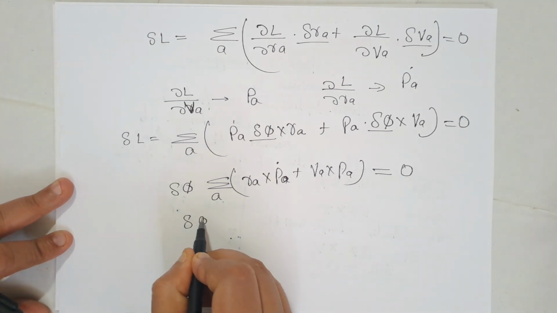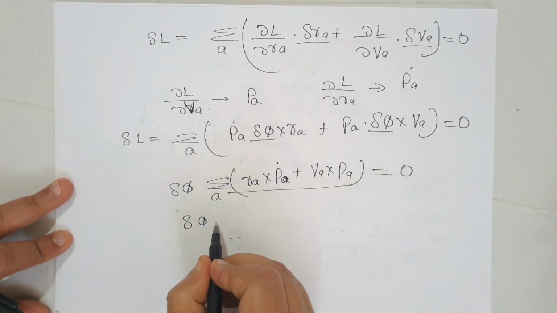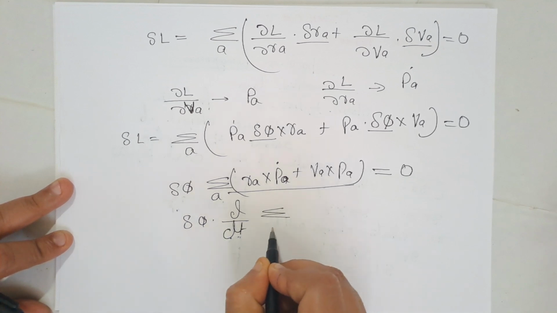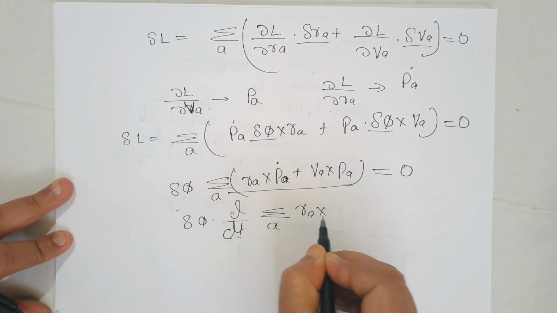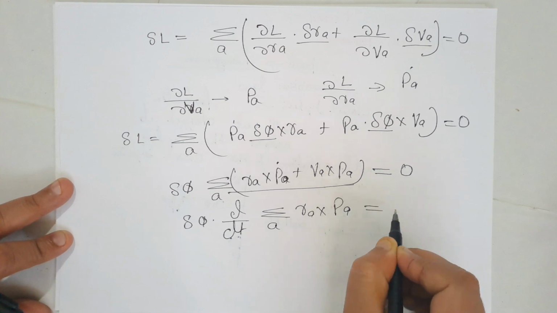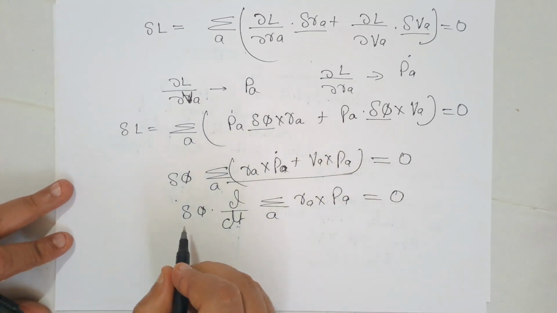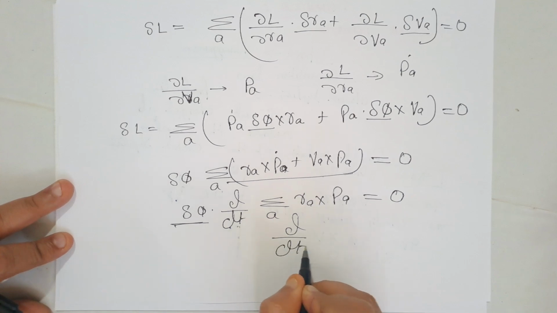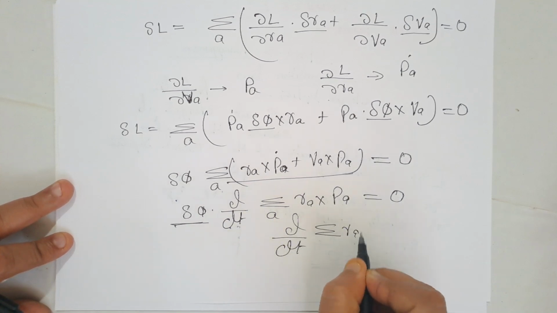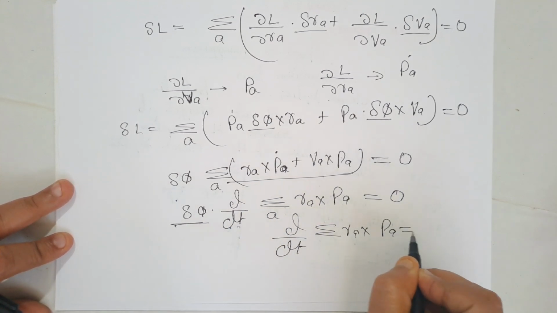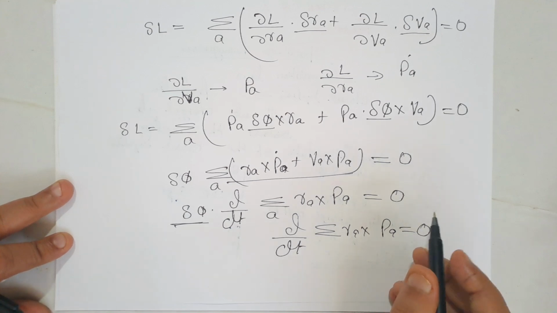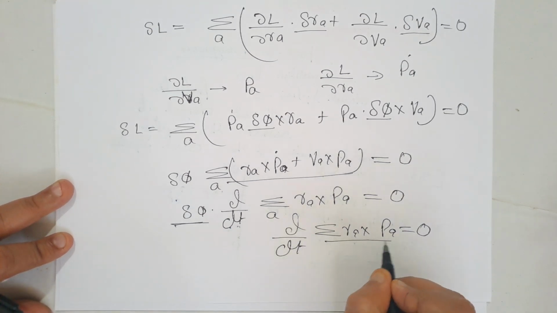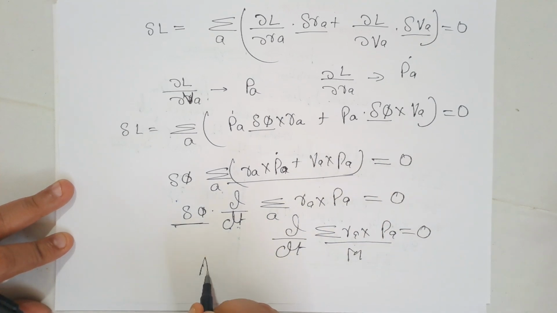Or we can write this equation as d by dt of the sum of r_a cross p_a is equal to 0. Since delta phi is constant, it means d by dt of the sum of r_a cross p_a is equal to 0. And this one is M, the angular momentum.